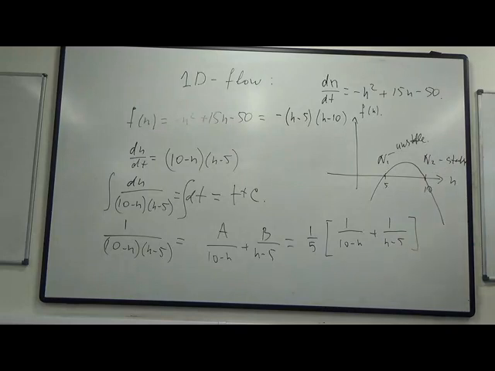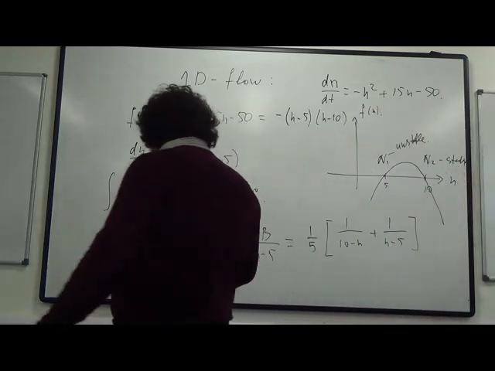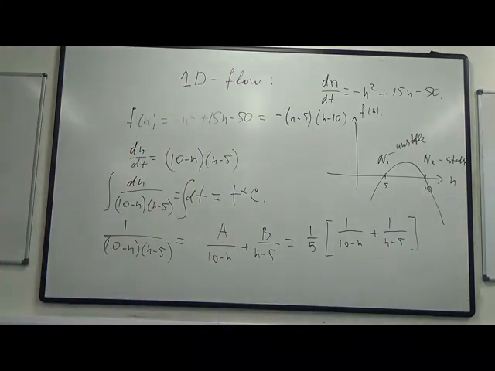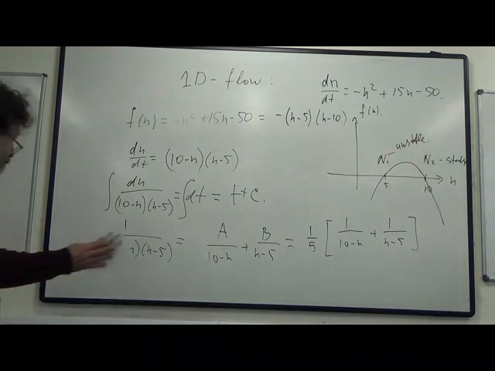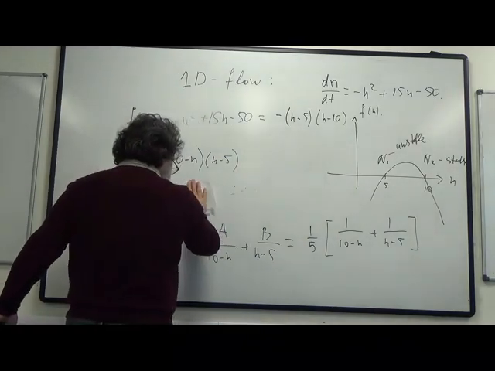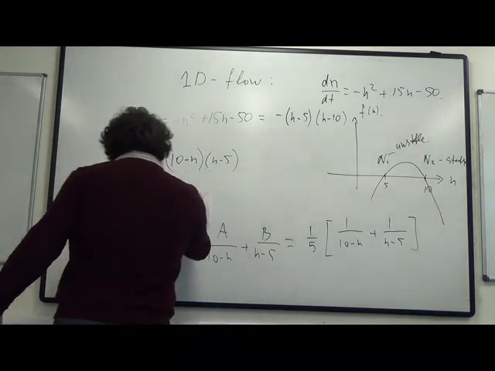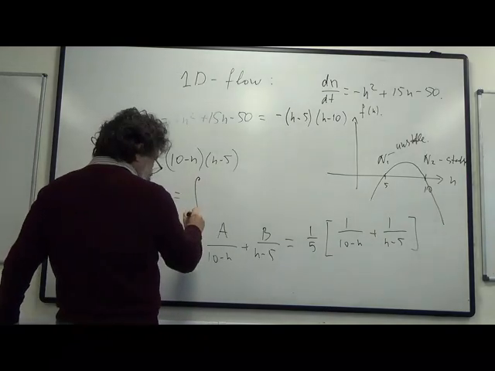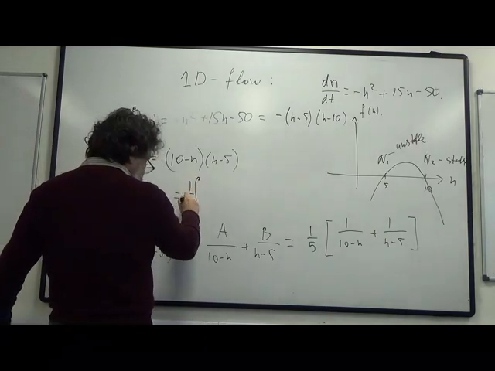Okay, then the integral of this guy equals to integral of, so I can take 1 over 5 outside.